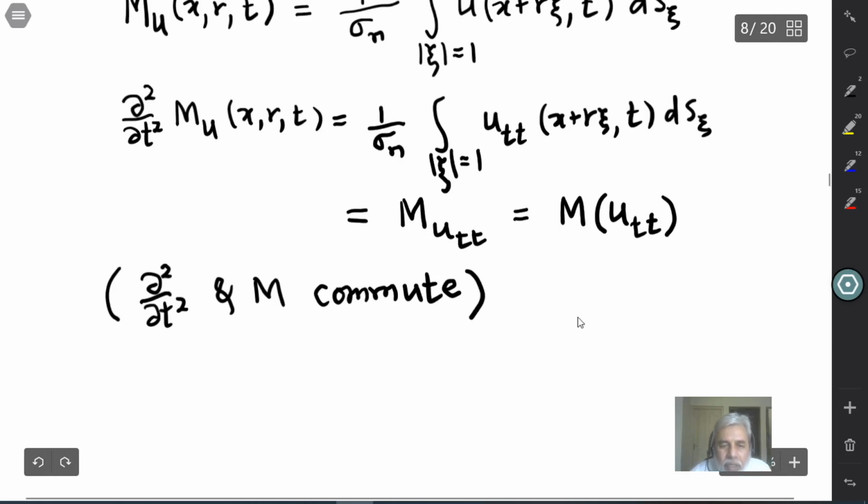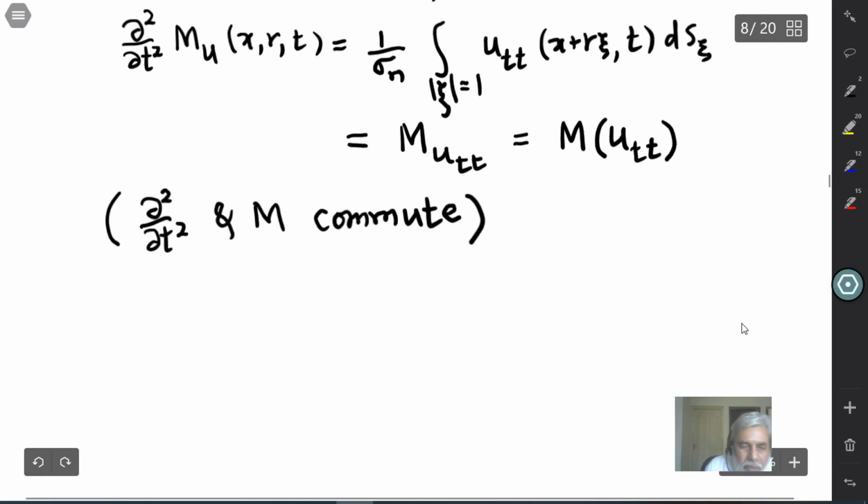Whether you first operate m and then take the derivative, that's the left hand side, or you take the derivative first and then take the spherical mean function, they are the same. And the same thing happens with the x variable.